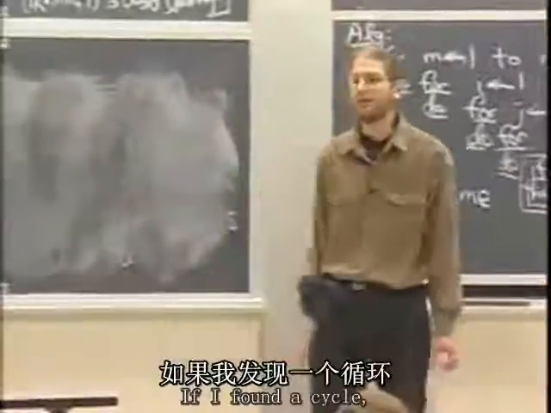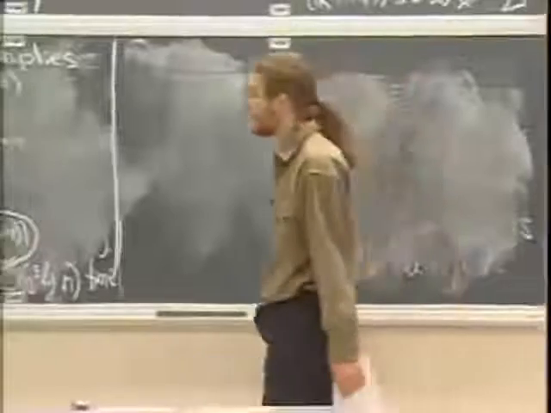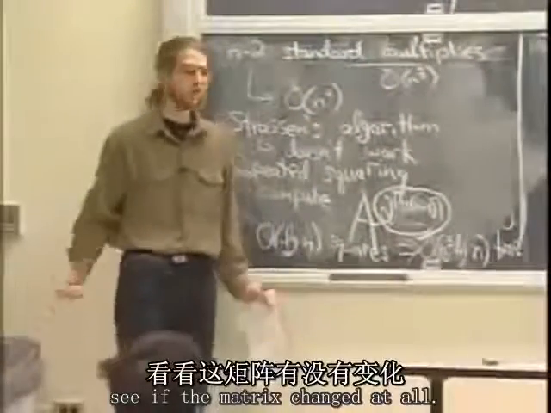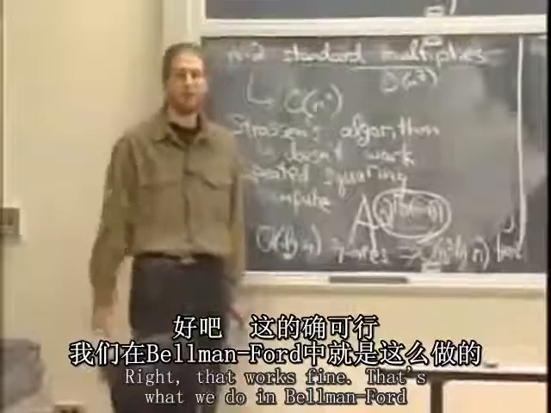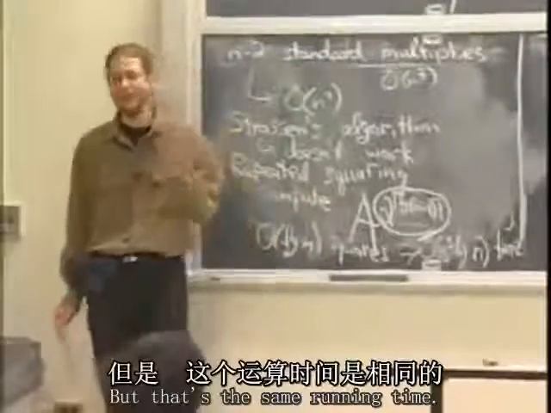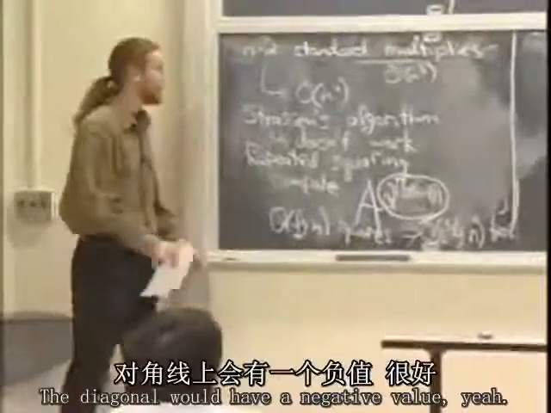If I found a cycle, what would have to be in that matrix? Yeah, some paths will get shorter, so you can compare. So I could, for example, take this thing, multiply it by A, and see if the matrix changed at all. That works fine. That's what we do in Bellman-Ford. But there's an even simpler thing. It's already there. You don't have to multiply. That would be the same running time. That's a good answer. The diagonal would have a negative value.